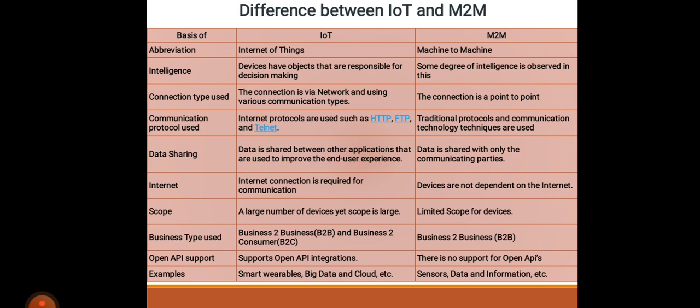In M2M, there is no support for open APIs. Then what are the examples of IoT? That is smart wearables, big data and cloud, etc. These are the examples of IoT. And in machine to machine, examples are sensors, data and information, etc.